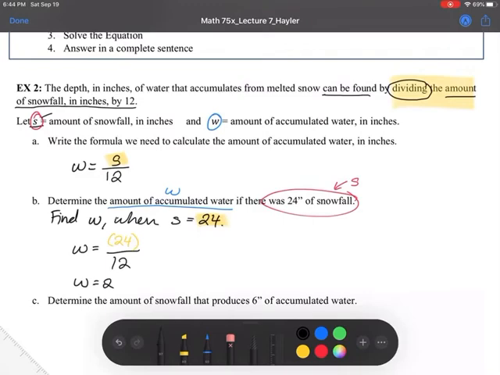All right, now we got to write a sentence for this. So the amount of accumulated water, and let's see, what are the units? The units are going to be up here in inches.